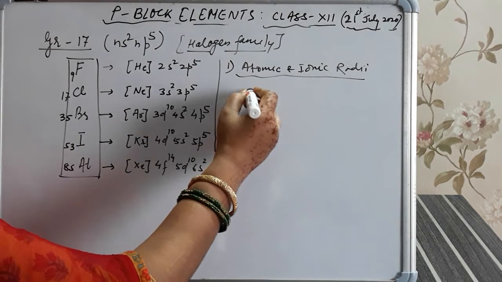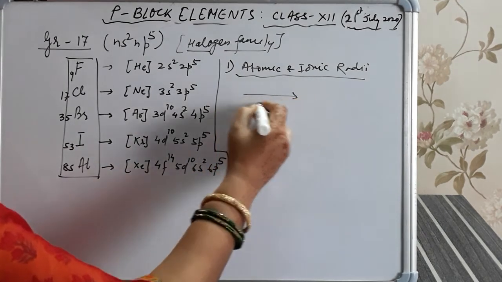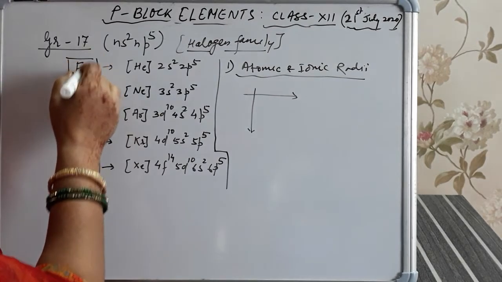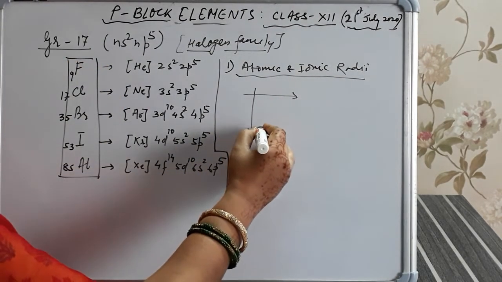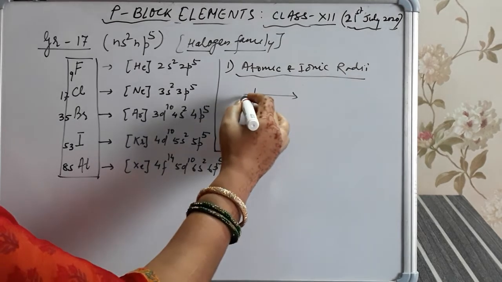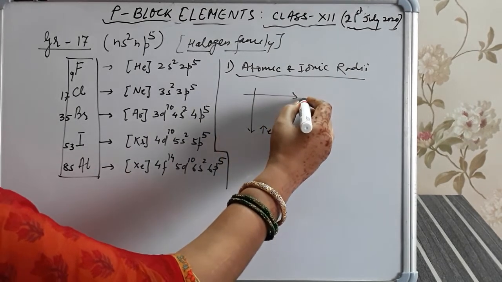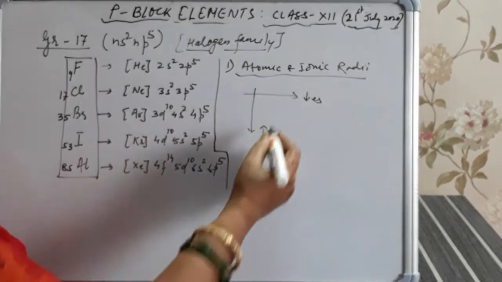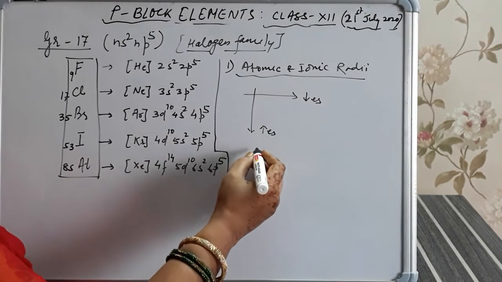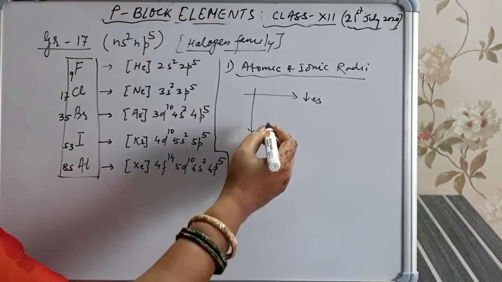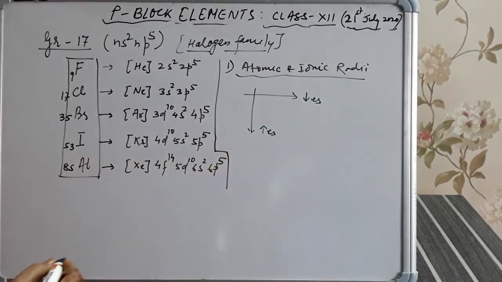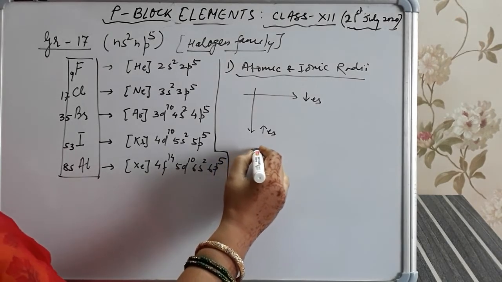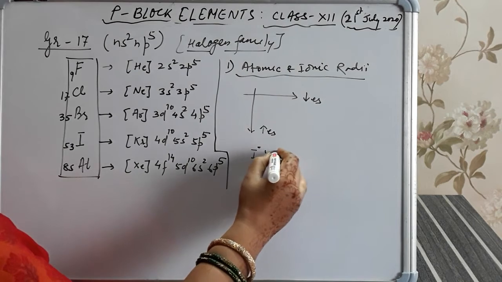At first we will talk about the periods and the group. As we know, when we move top to bottom, the size of the atom increases, and when we move left to right in a period, the size of the atom decreases. We also discuss their ionic form: anions are always greater in size than the neutral atom, meaning the iodide ion is greater than iodine.